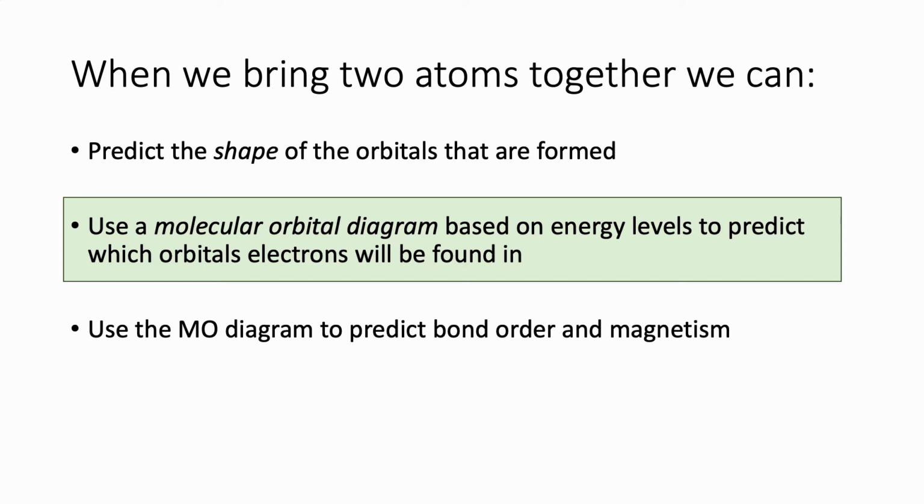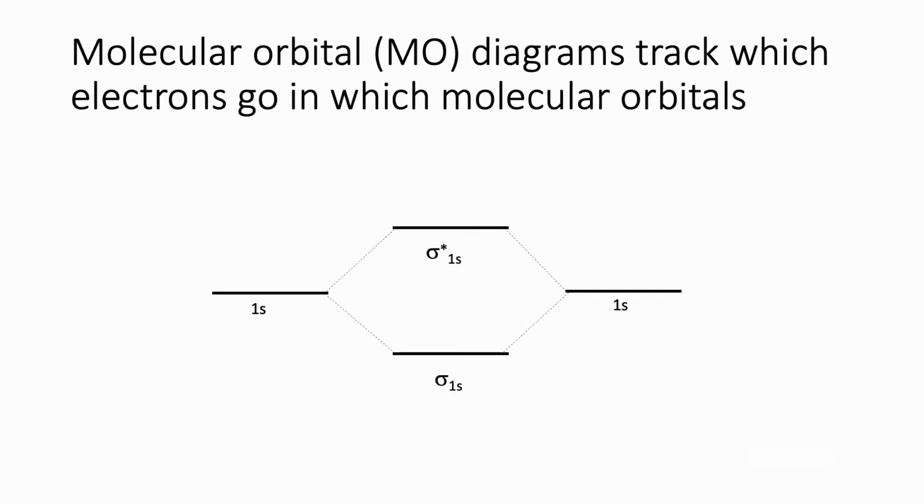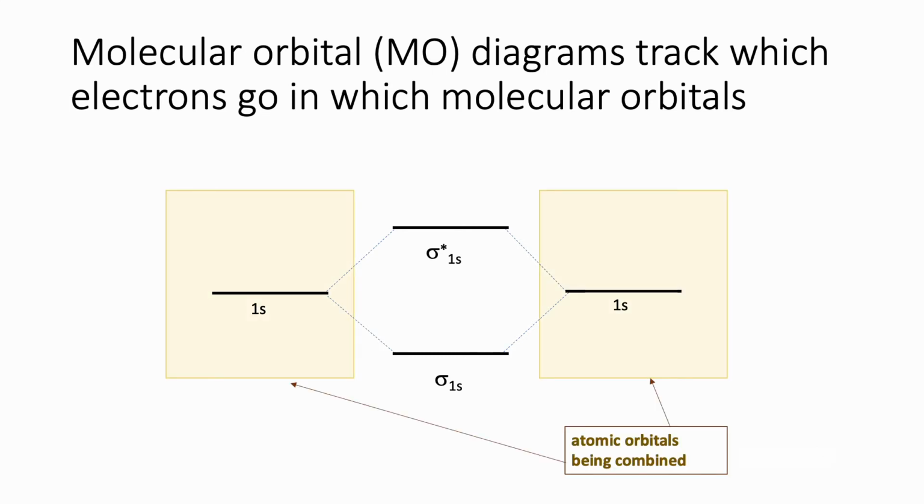Okay, the next thing we were going to do is use a molecular orbital diagram, which I'm always going to abbreviate as MO here, based on energy levels to predict which orbitals electrons will be found in. So now we need to learn how to draw a molecular orbital diagram. Here's an example. Anytime you look at a molecular orbital diagram, the things over on the sides represent the atomic orbitals that you're putting together to make molecular orbitals. Those are what you start with.